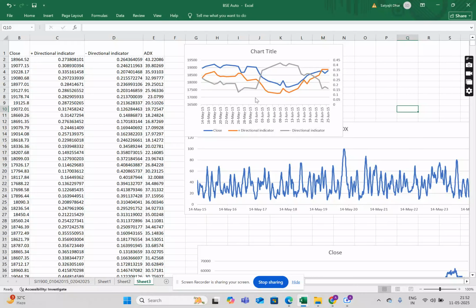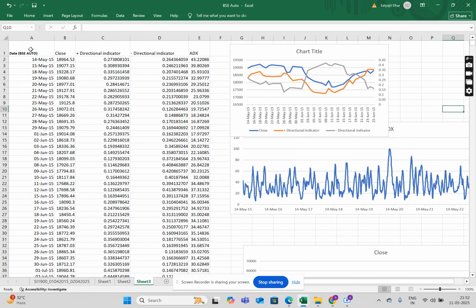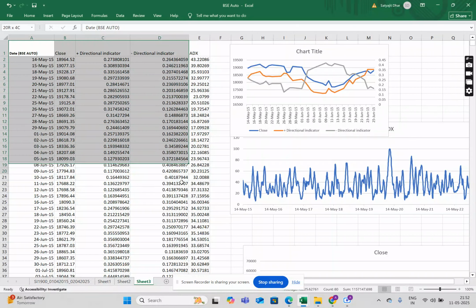So the directional indicators align at points where... remember that the close prices are on a different scale. Okay, so when the close prices have a trend, we can understand from here. We can analyze differently, and also we can include the average directional index in the same curve and show.